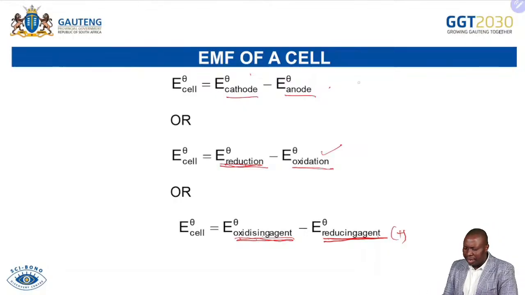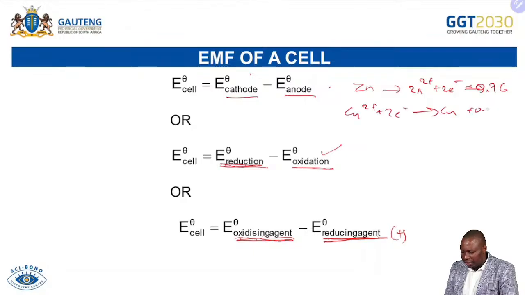Let's say, for example, you were given the zinc-copper cell, where you have zinc forming zinc 2 plus and 2 electrons, and that is negative 0.76, and then you have copper 2 plus gaining electrons to form copper, which is positive 0.34.